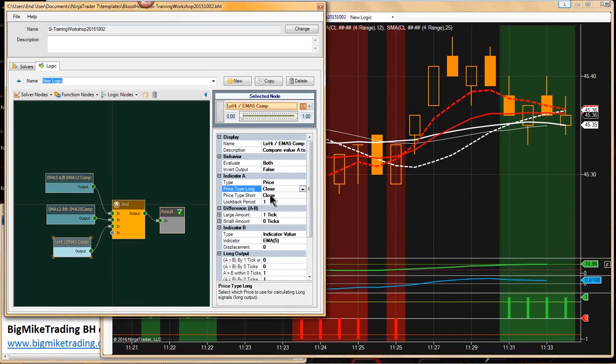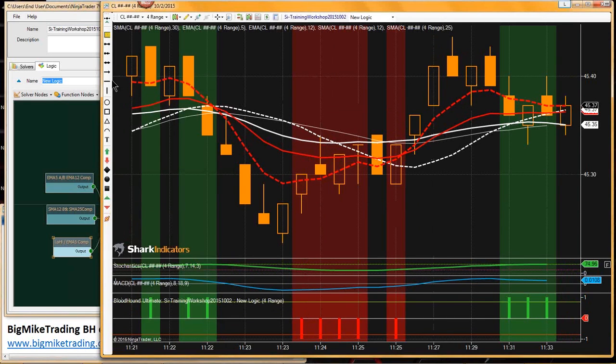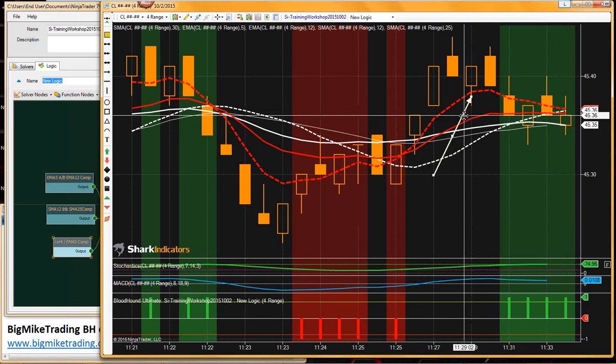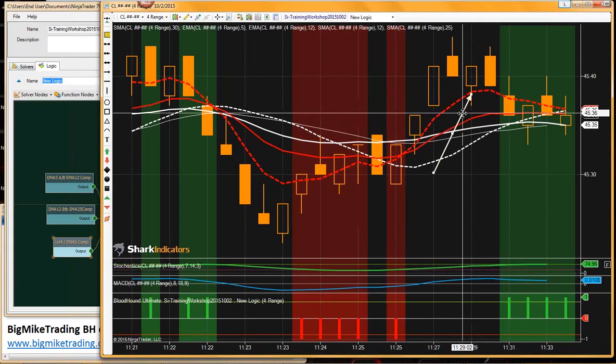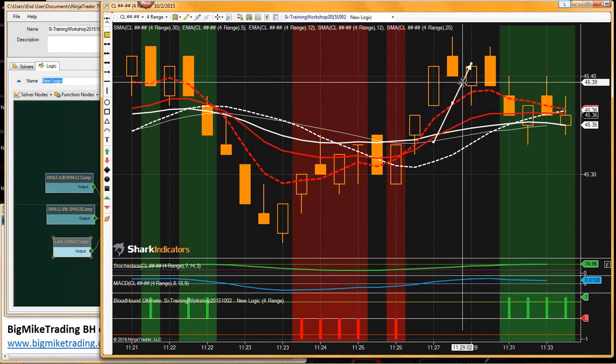Some things to be aware of. If we leave it on the closing price, you can see that historically you're not going to see signals anymore in some cases. Right there, obviously price came down and touched that EMA, but there's no signal there because the closing price is actually above it.